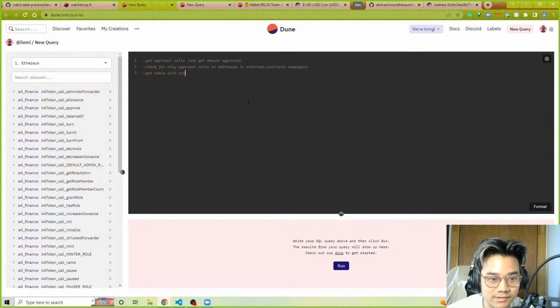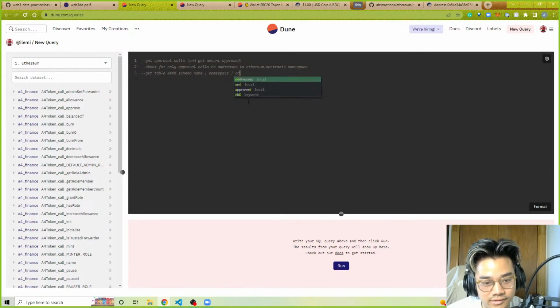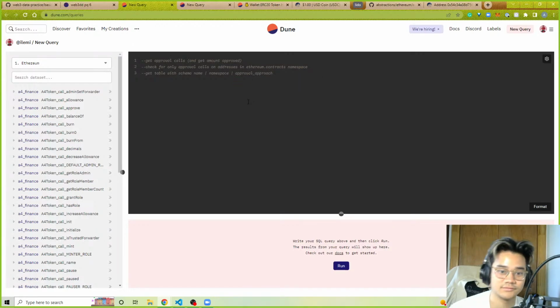Get table with schema: name, namespace, approval approach. All right, where approval approach is either infinite or small. I think that's a good way to start.